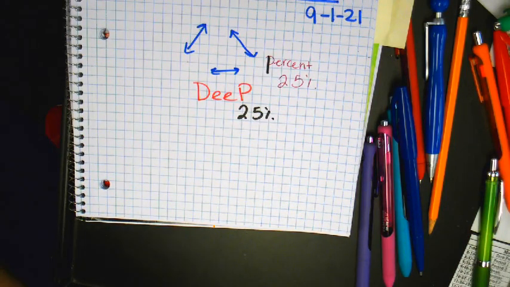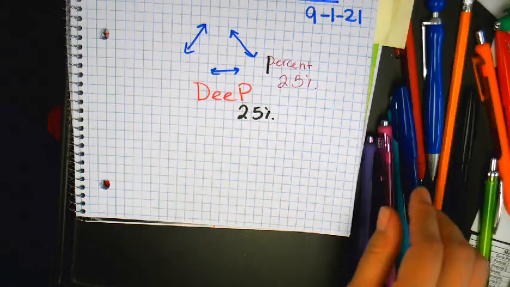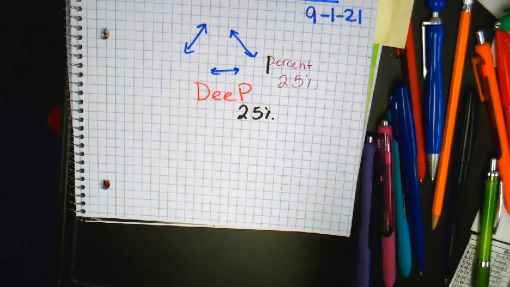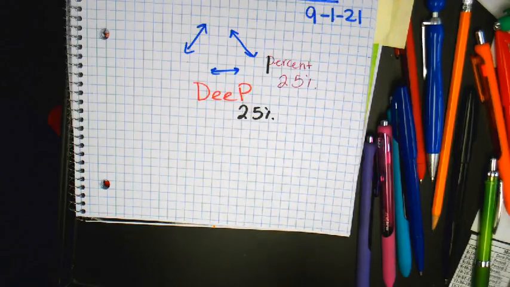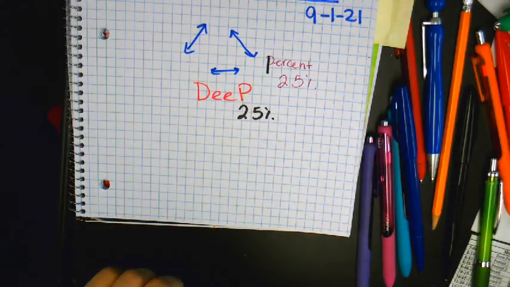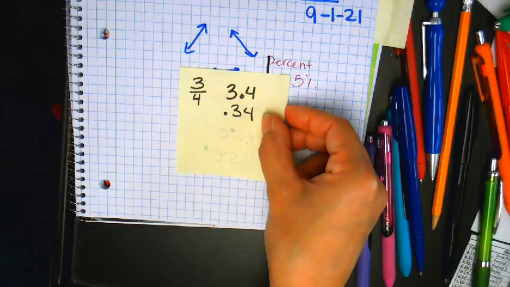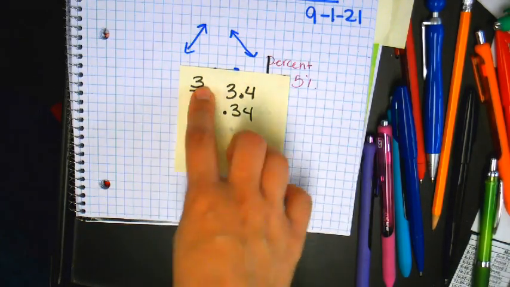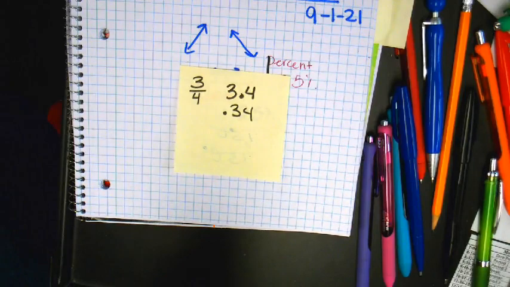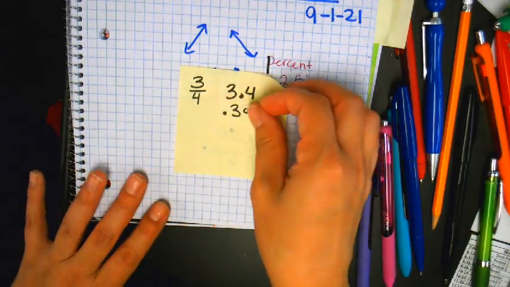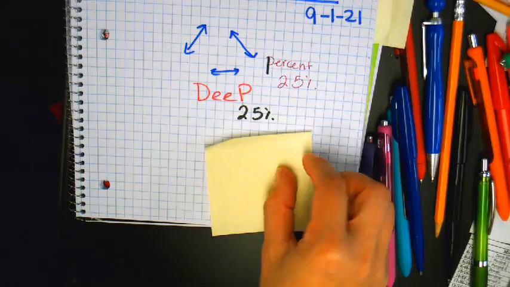All right. Now listen. Remember how I said the other day, you don't want to be this kid? You just stick a decimal anywhere you want, right? You don't want to be this kid either.